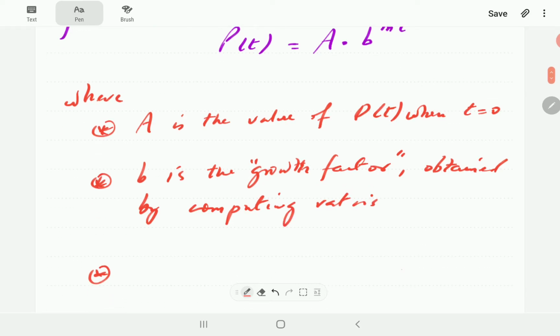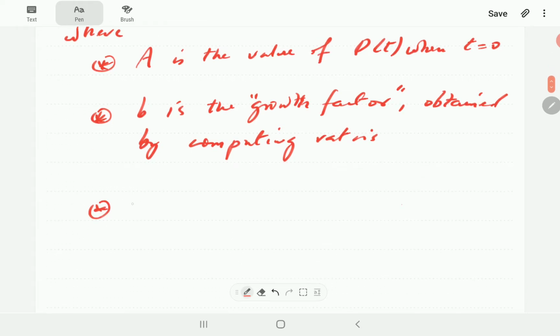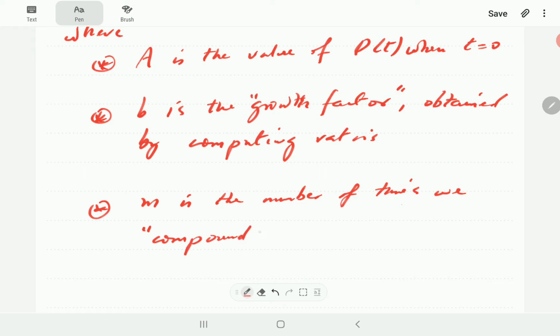And then the last one is m. M is the number of times we compound in a given time period.